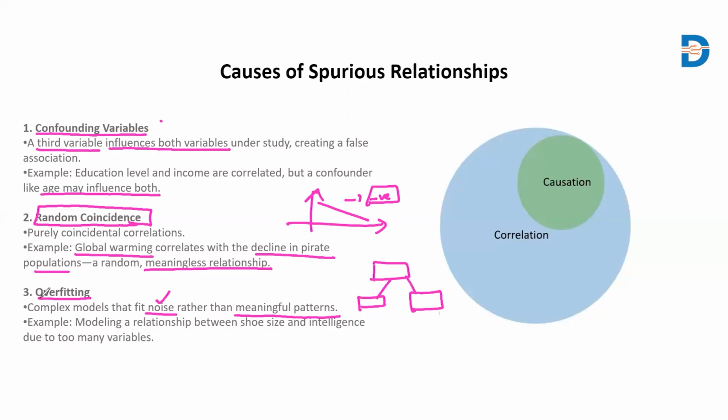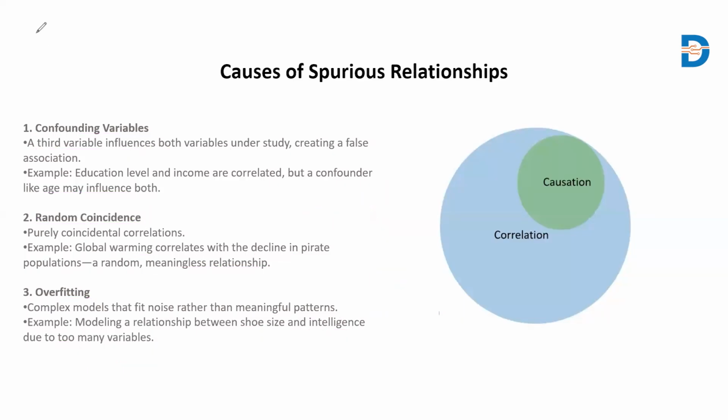For example, modeling a relationship between shoe size and intelligence may be caused by too many variables, and too many variables is nothing but noise. So shoe size and intelligence may show a high correlation, but they are not really correlated. So these are the three causes. First is confounding variables, the influence of a third variable. Then random coincidence, and the third is overfitting.